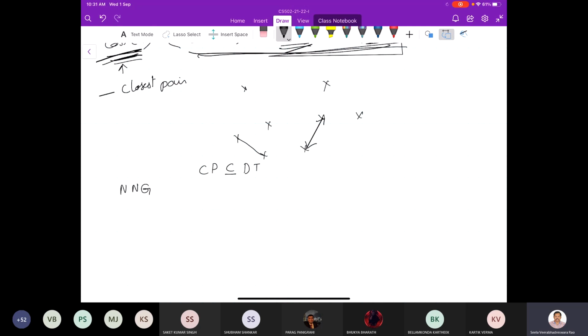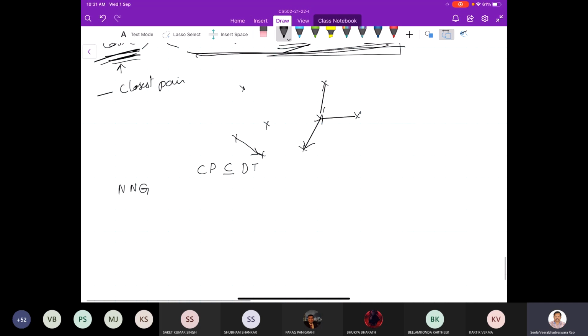For this one, the closest neighbor is maybe this one, and this is the closest neighbor of this one. I indicated direction to show which is the closest neighbor of that point.